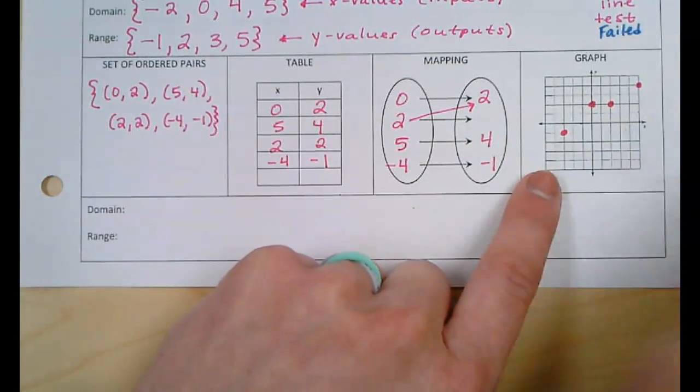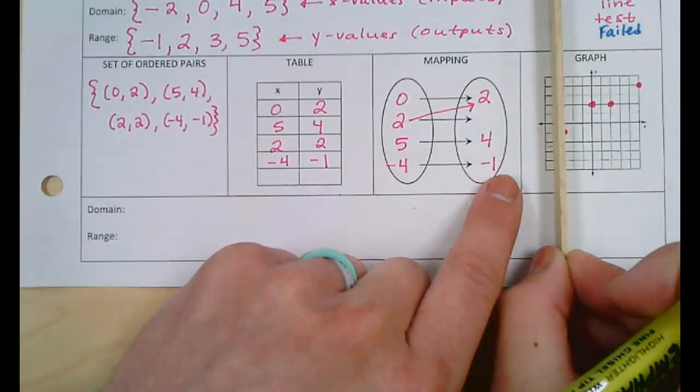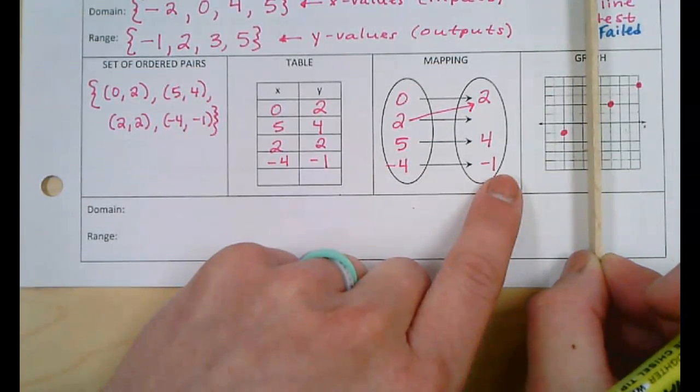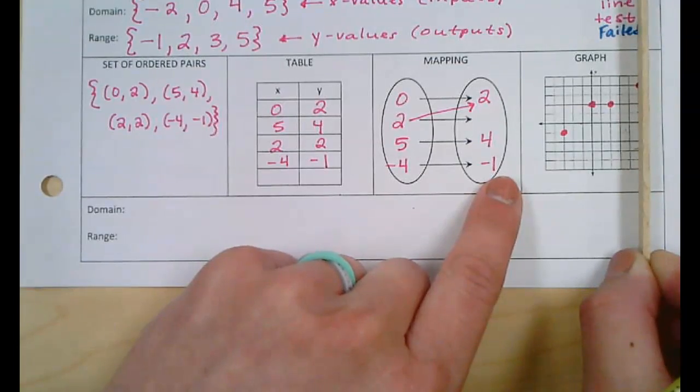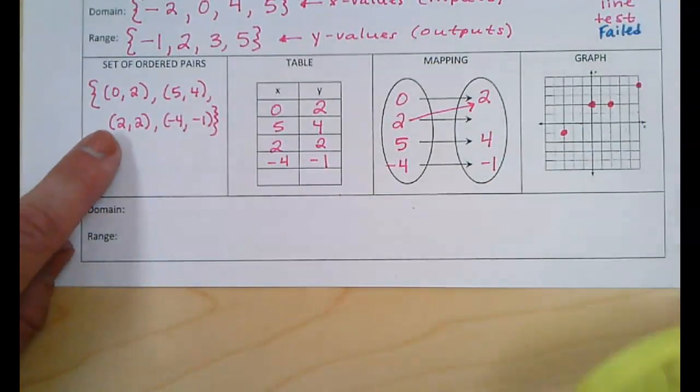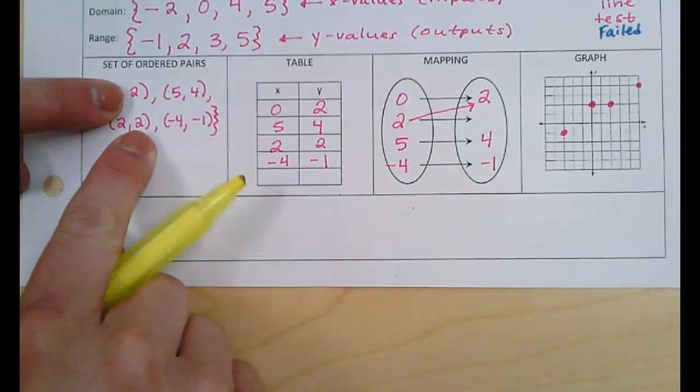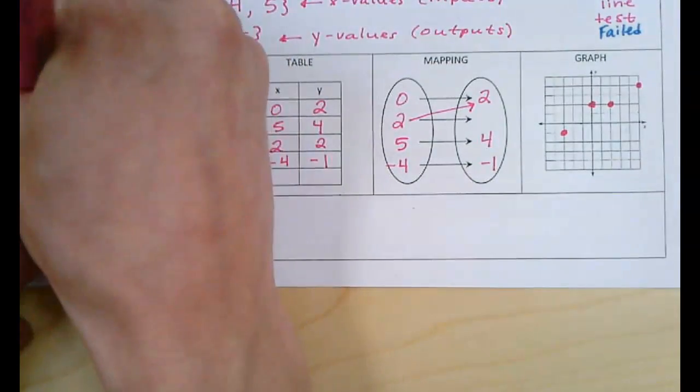And if you look at your vertical line test, it's passing through 1 point at a time, and it's not crossing 2 points at the same time. So you may ask, is this y value affecting whether it's a function or not? And it is not. So this is a function.